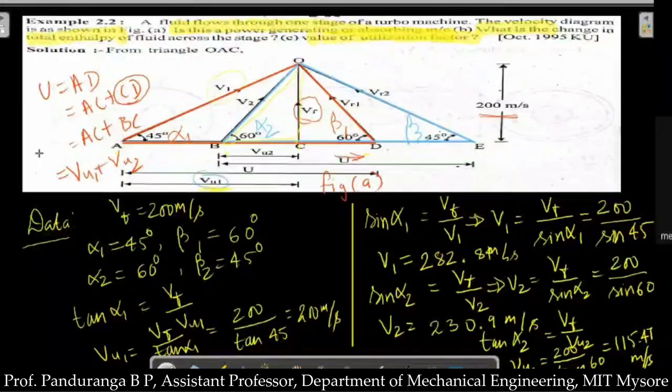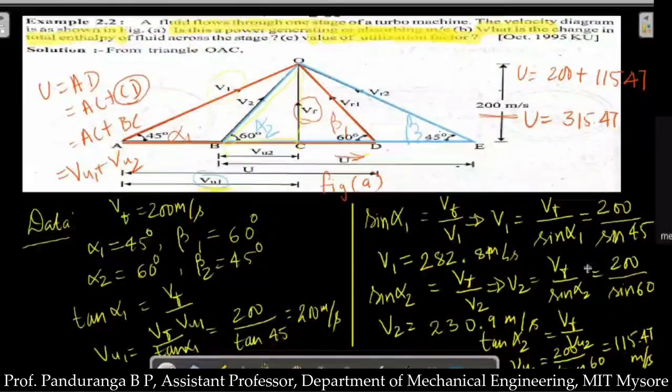I'll write the value of U here itself. So U will be equal to VU1 is 200, 200 plus VU2 is 115.47. So U will be equal to 315.47 meter per second.